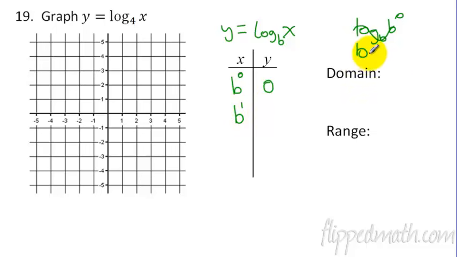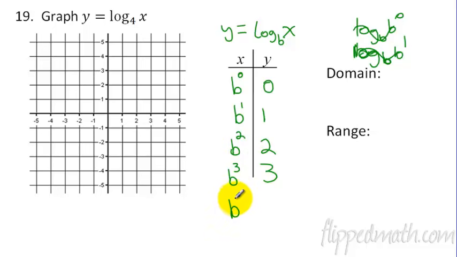Then we would get log base b of b to the 1. Well, what does that equal? Log base b of b cancels, and you get a 1. If I plugged in a b squared, I'd get a 2. If I plugged in a b cubed, I'd get 3. Oh my goodness, can you see the pattern? If I plugged in a b to the 100, you'd get, you guessed it, 100, okay?